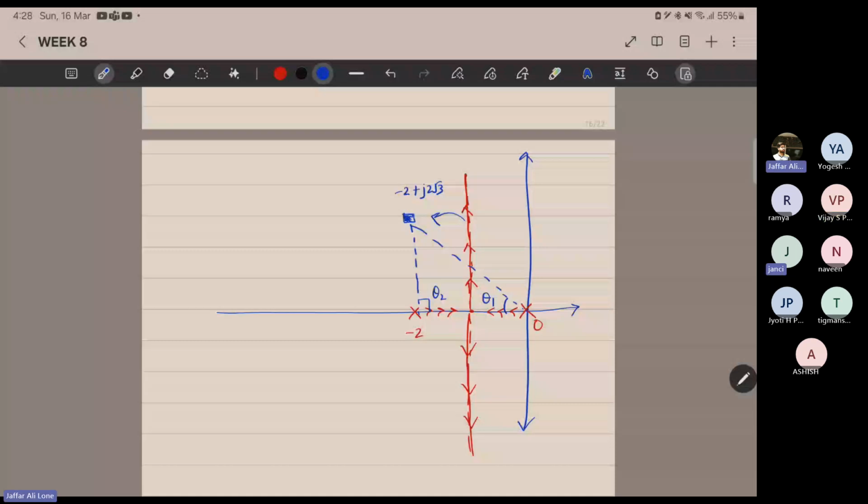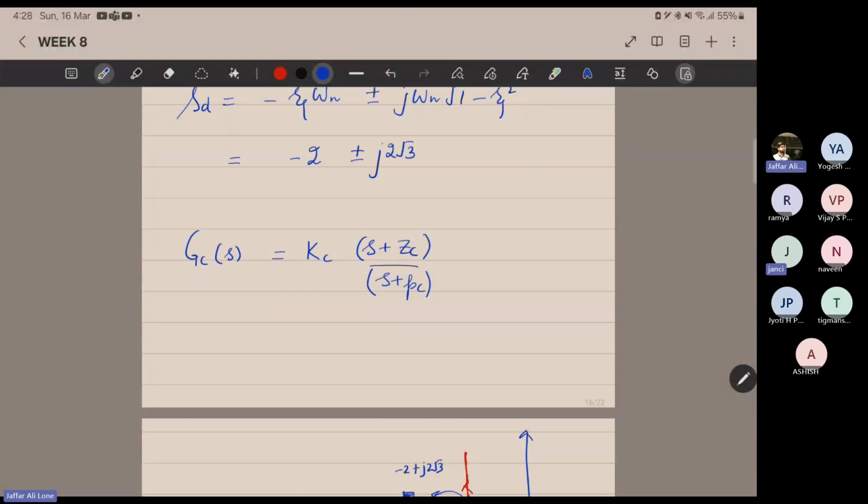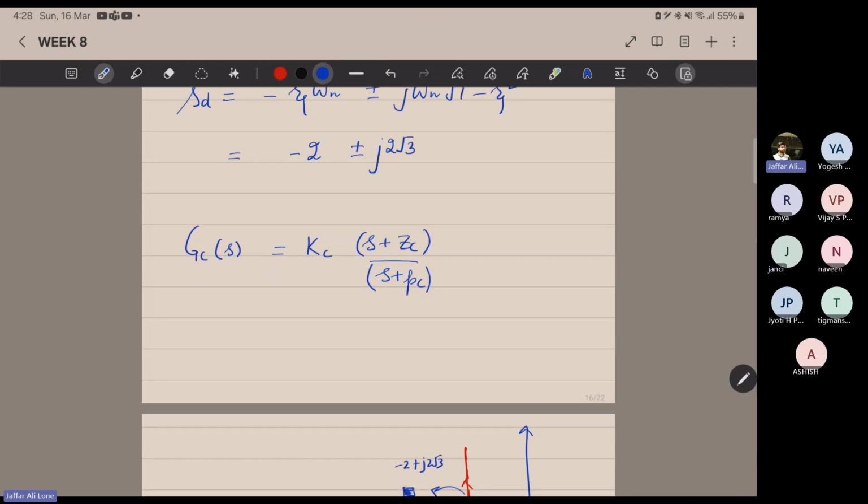So I am adding this pole and zero such that my angle condition is met. In other words, I am providing the required angle deficiency to my system so that my desired pole comes on the root locus. Let's assume this angle is theta1, this angle is theta2. In a lead compensator, the zero leads the pole, right?